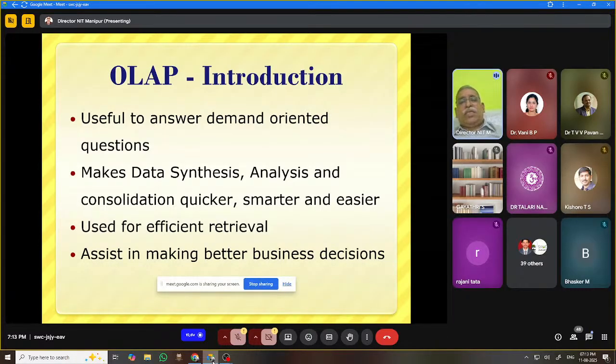But quicker, smarter, and easier from the point of view of existing, old, legacy databases. This makes data synthesis, data analysis, and data consolidation quicker, smarter, and easier. It is also used for efficient retrieval, and it assists in making business decisions in a more formal and better way.